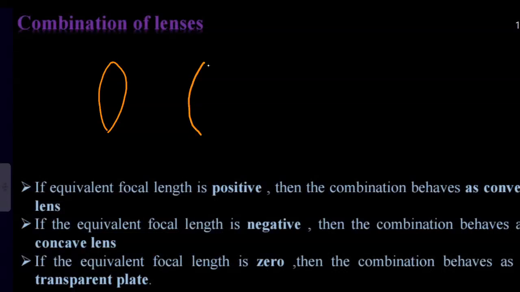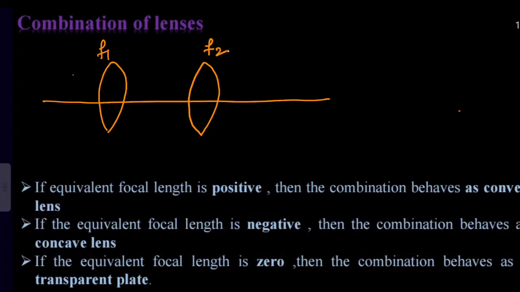Let us say the two lenses are placed like this. The focal length of this lens is f1, the focal length of this lens is f2, and these two lenses are separated by a distance d.